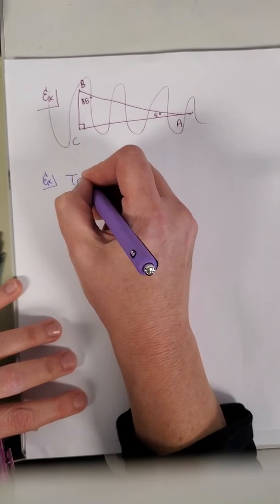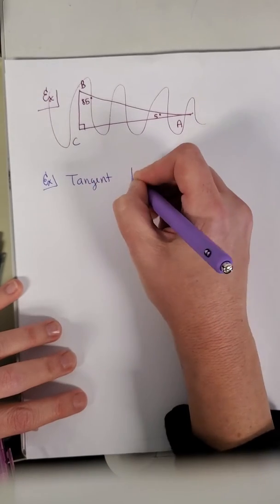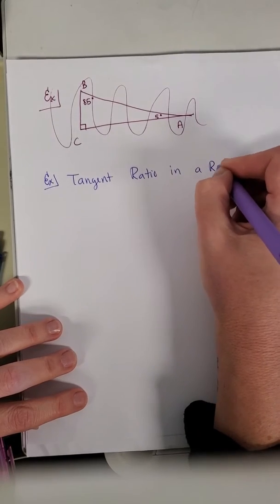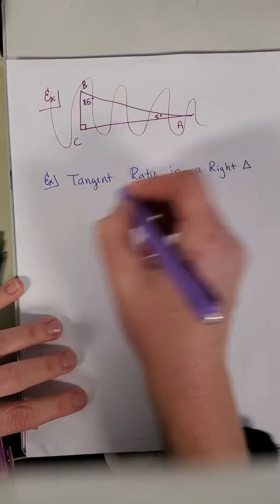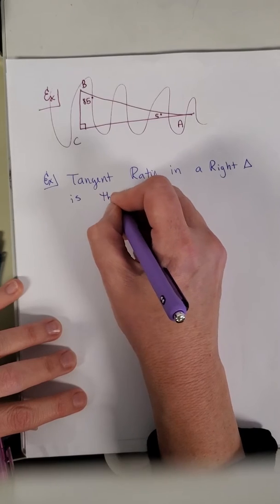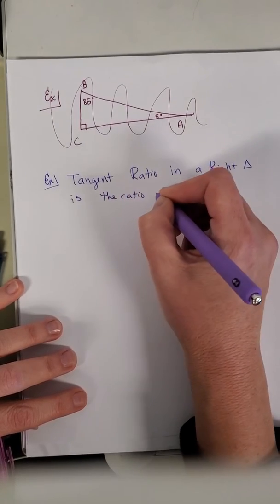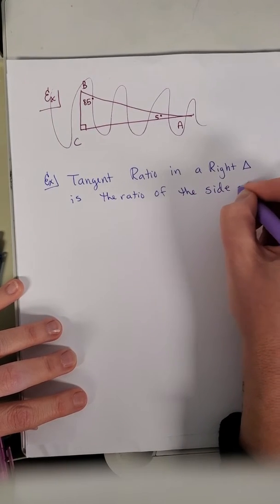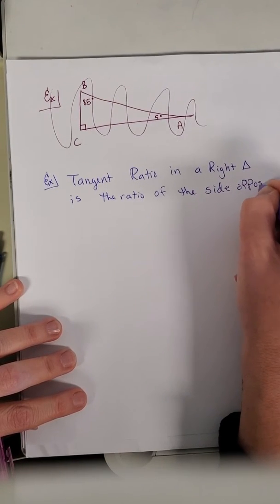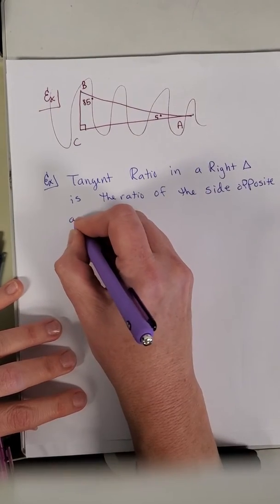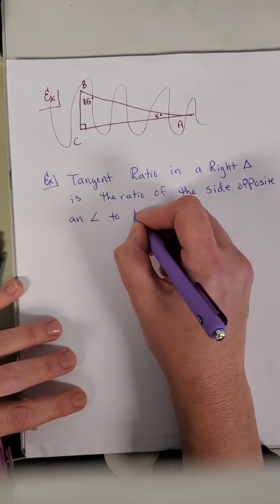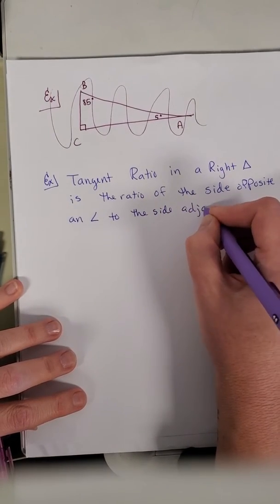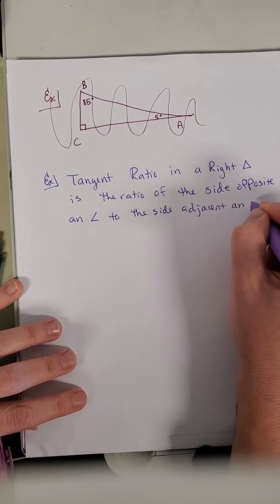The tangent ratio in a right triangle is the ratio of the side opposite an angle to the side adjacent an angle.